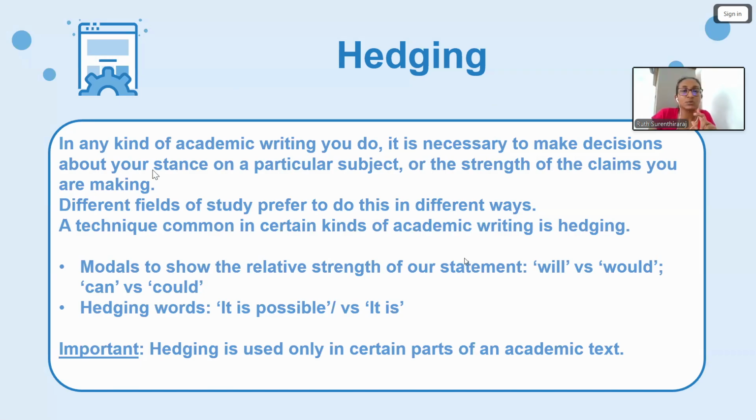Hedging is smoothing the text. Yeah, it's a little bit more than just smoothing it out. I think I understand what you're trying to say. But it is to make sure that we are conveying ideas with an appropriate amount of uncertainty.